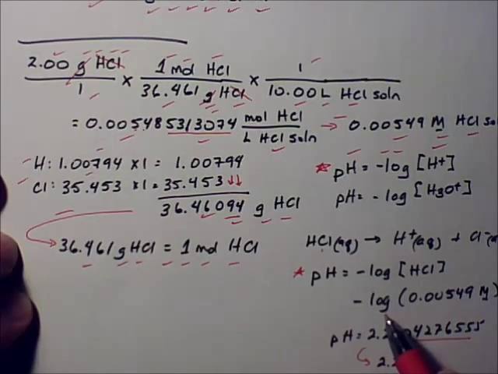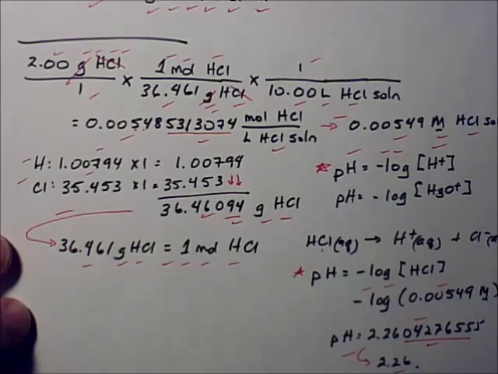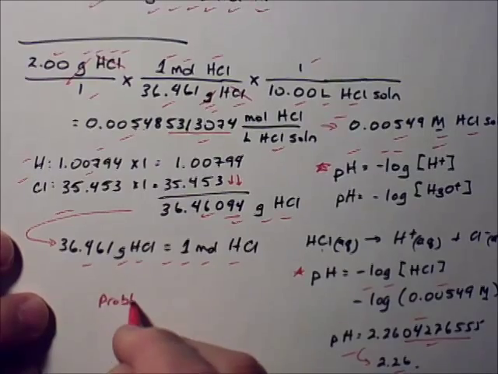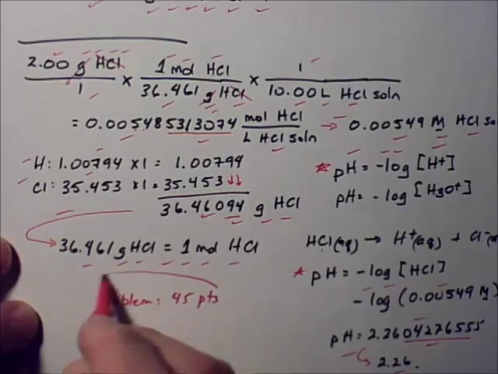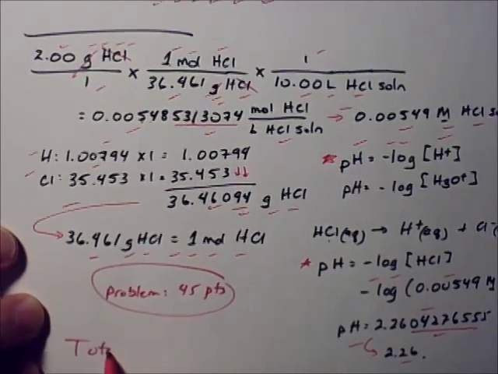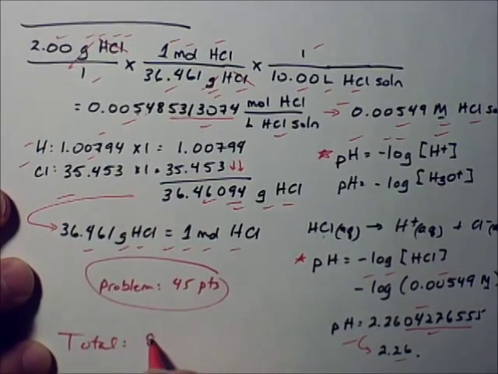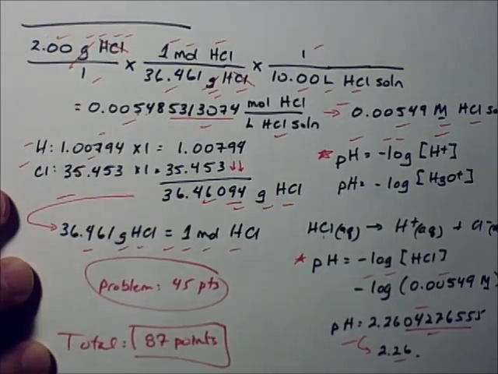And then you've got to put the negative log of the number, the unrounded answer, arrow, underlining, arrow, and final answer. And you add all that up and you get 45 points for this. So the total for all of the homework is that 42 and 45. It comes out to be 87 points for all the homework.